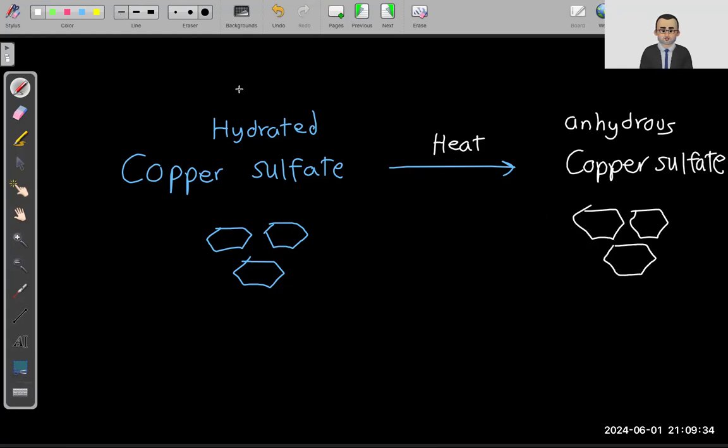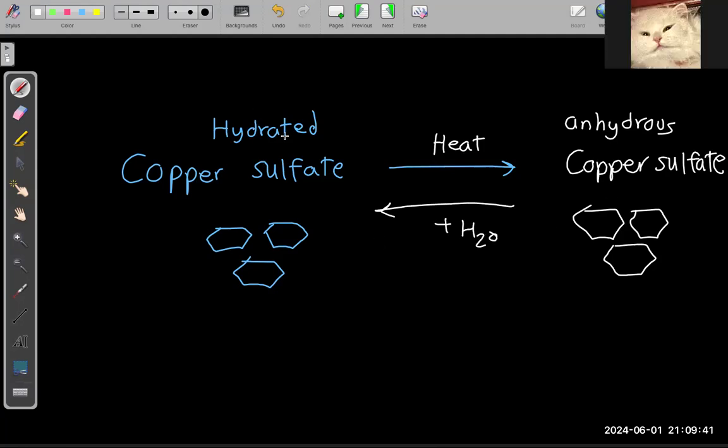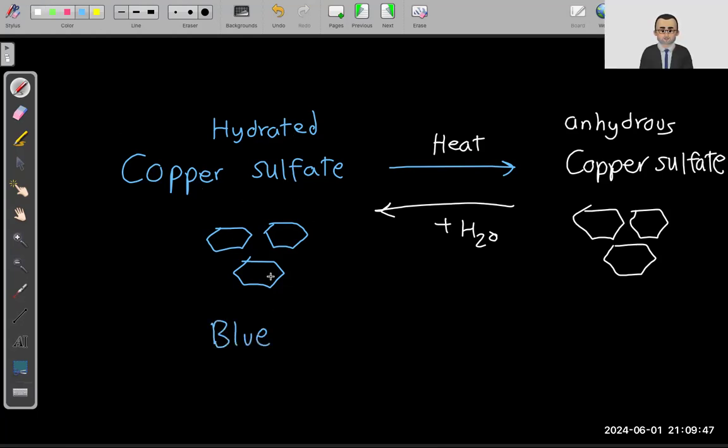What happens if you put water back again? Then it will change from anhydrous again into hydrated, exactly. So it will become blue again. You remove the water by heating, it becomes anhydrous and white. You add the water, it becomes blue again.